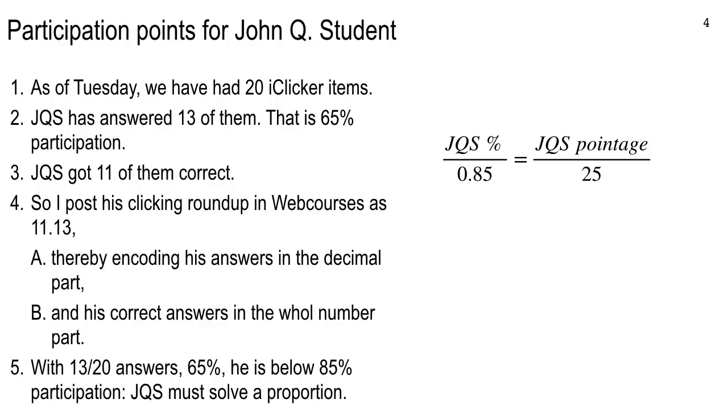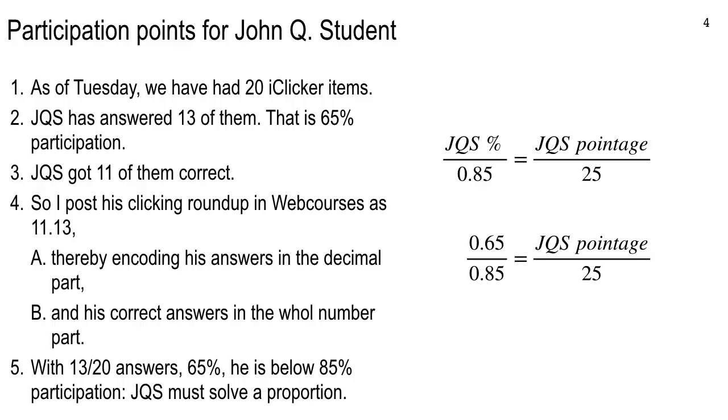And then the right-hand side, his pointage, some number between 0 and 25, and down in the denominator, 25. That is how we encode the points that John Q. Student is going to get. Now, we have to solve that. Make sure you jot down the 0.65 in there.